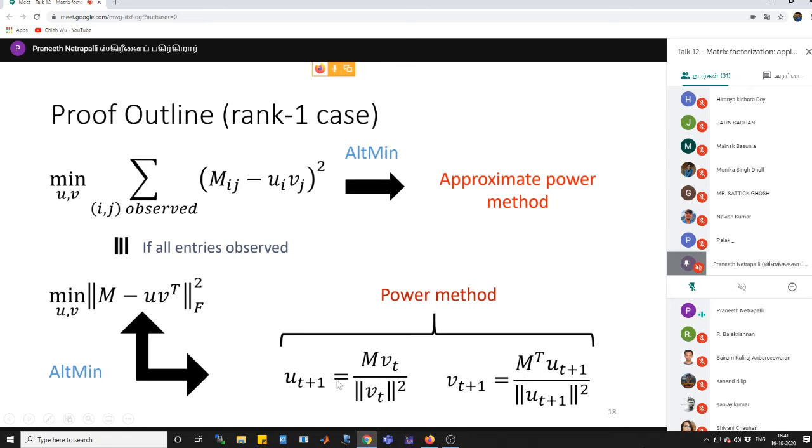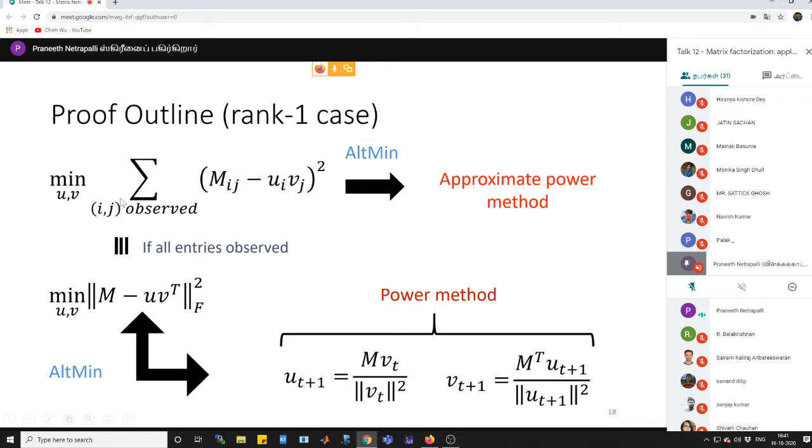U_{t+1} is just M times V_t appropriately normalized, and V_{t+1} is M transpose times U_{t+1} appropriately normalized, and then for V_{t+1} you again go here, right? So you can see that U_{t+1} will become M M transpose times U_t appropriately normalized. So every time you are hitting M M transpose to the vector that you currently have, and that's why this is called power method.